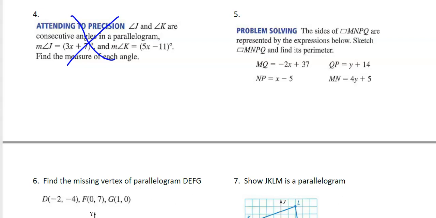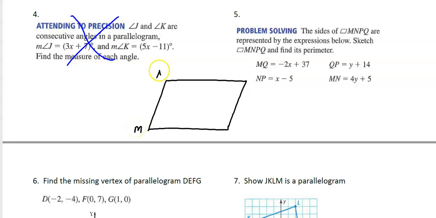All right. Well, let's sketch this thing. And where you put M, N, P, and Q doesn't matter. You just have to go in order. So if I start here at M, I need to either go clockwise or counterclockwise. So I got that. We label our sides.